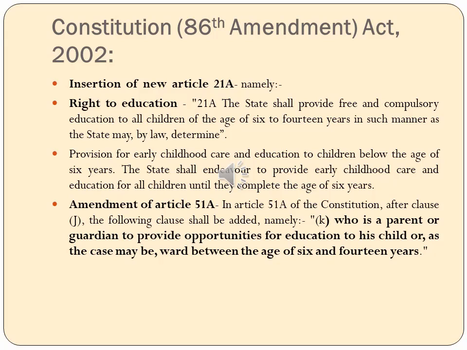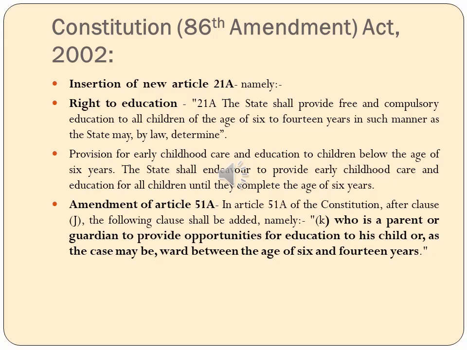So in the amendment of Article 51A, in Article 51A of the Constitution after clause J, the following clause was added, namely, who is a parent or guardian to provide the opportunities for education to his child, or as the case may be, ward between the age of 6 to 14 years, which means that it is the responsibility of the parent to ensure that proper education is provided to the child between the age of 6 to 14.